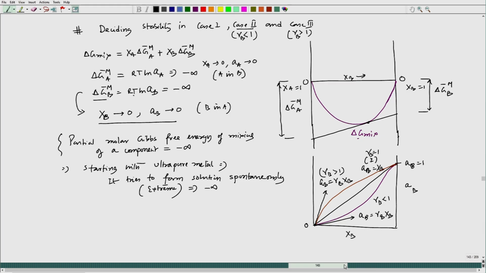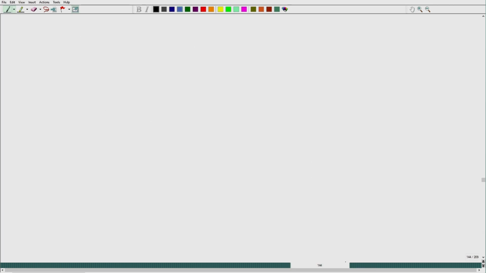Now, once we understand that, let us see in case 1, 2, 3, since in all the cases the delta G_mix by RT versus x_B plot is convex downward, fine.